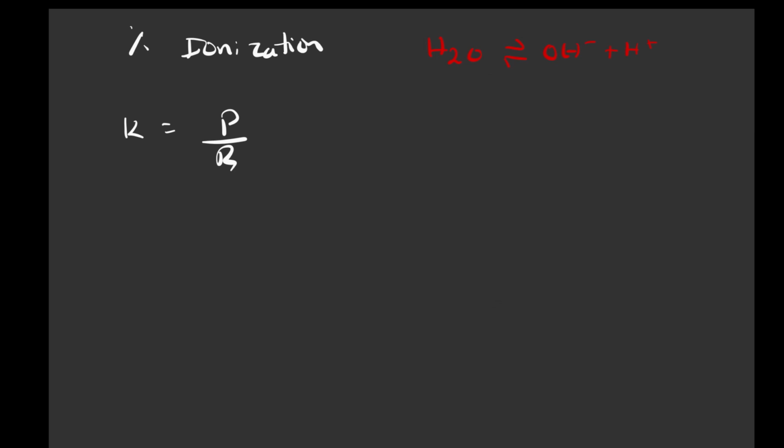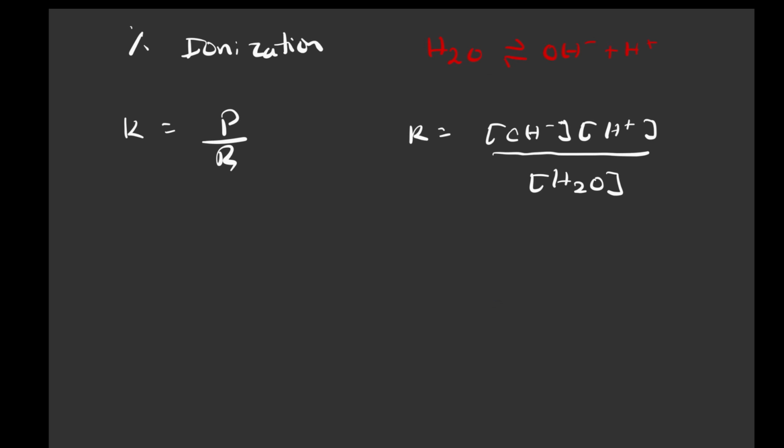If we were to write the K expression, we would say that K is equal to the concentration of OH minus times the concentration of H plus, divided by the concentration of H2O. But H2O is a pure liquid, so this essentially goes away, and we say that K is equal to OH minus times H plus. And don't forget we're taking the concentration of all that.